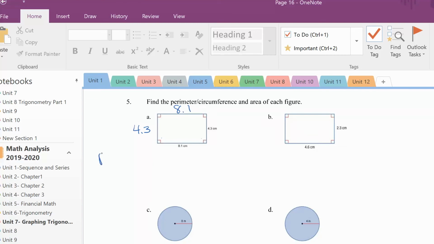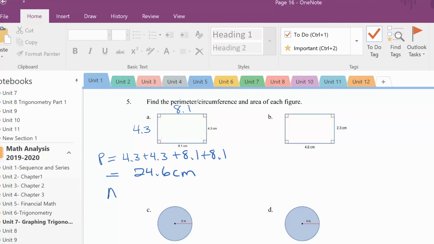So for perimeter, you add up, you go 4.3 plus 4.3 plus 8.1 plus 8.1, and when you add it up, you get 24.6 centimeters.